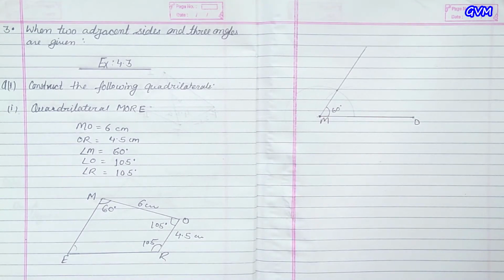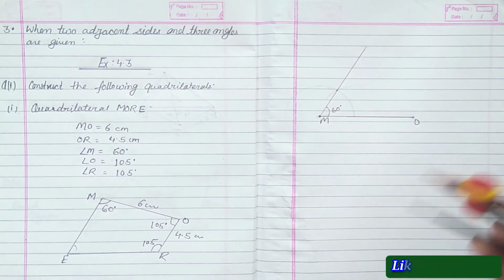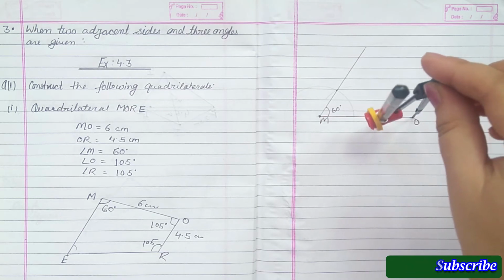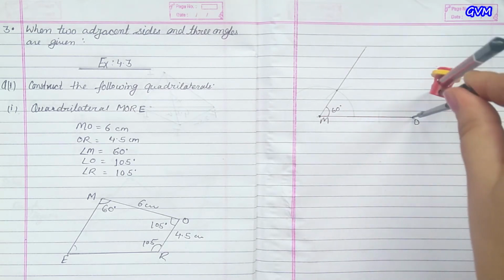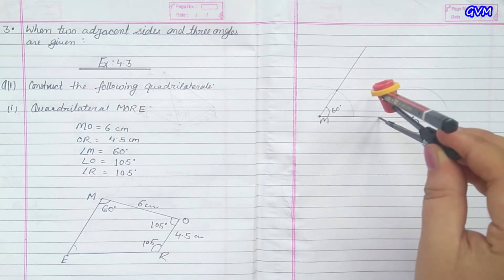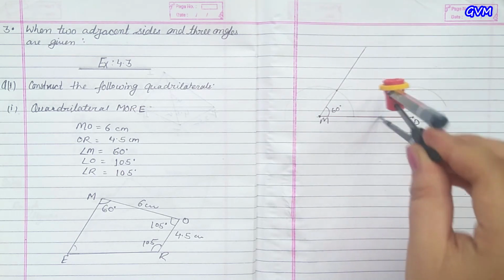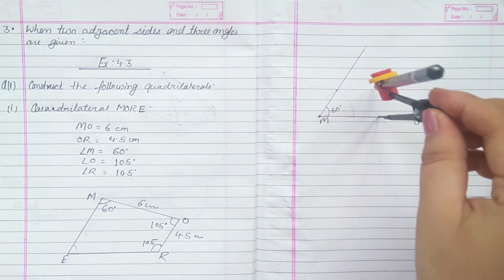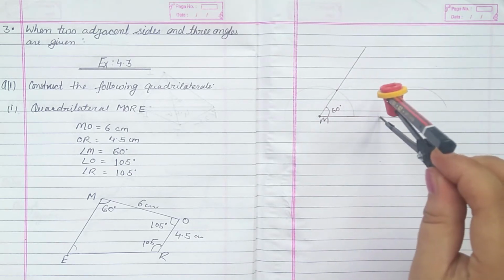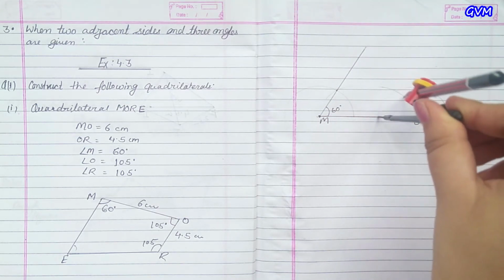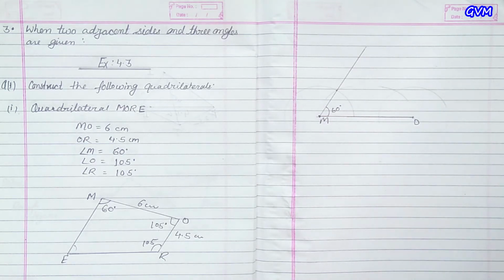Now from O we will construct a 105 degree angle. So put the needle at O and make an arc. Then again we will make a 60 degree angle. So at this point where the arc is intersecting line MO, put the needle and make an arc that is intersecting this first arc.